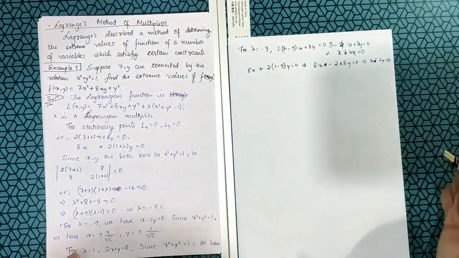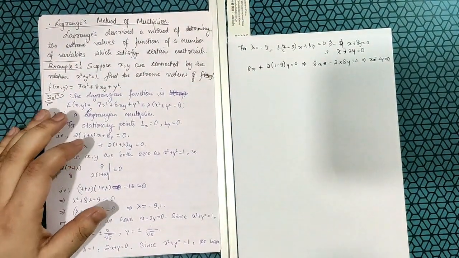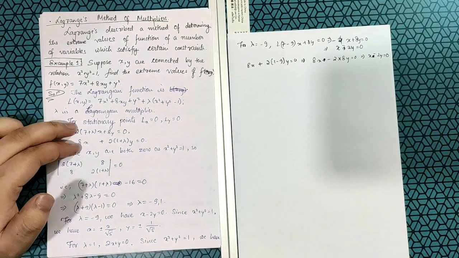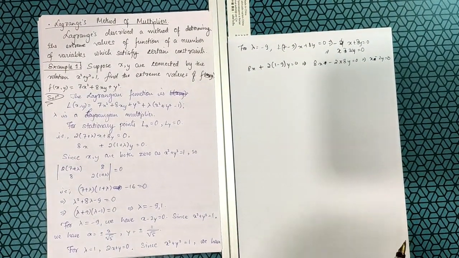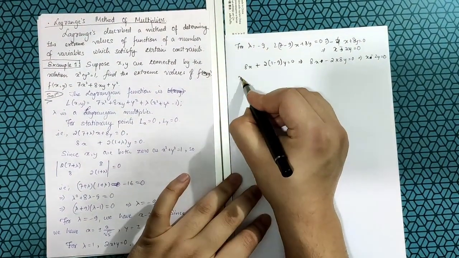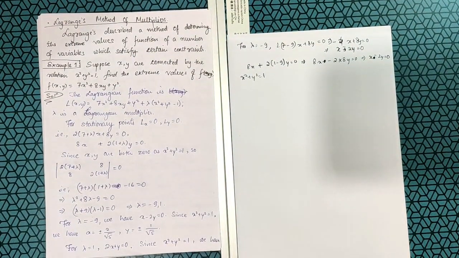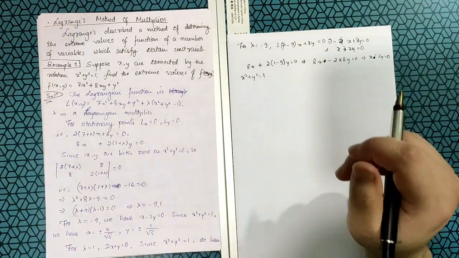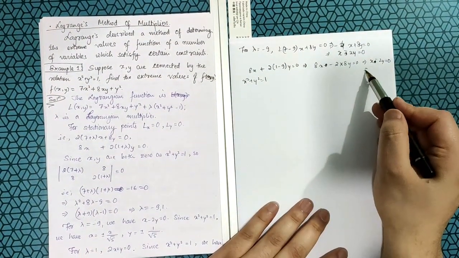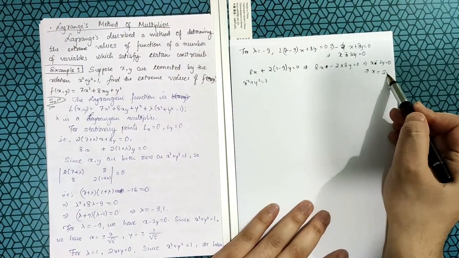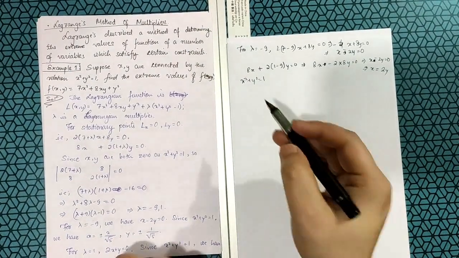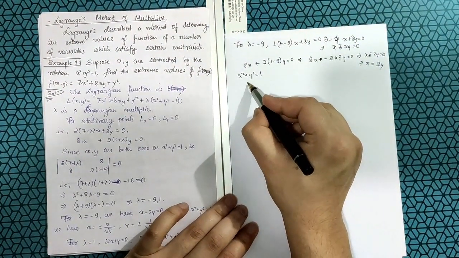So for lambda is equal to minus 9, these two equations are the same. And again we know that x square plus y square is equal to 1. So from this we have x is equal to 2y. So let us put 2y here. So this will be 4.